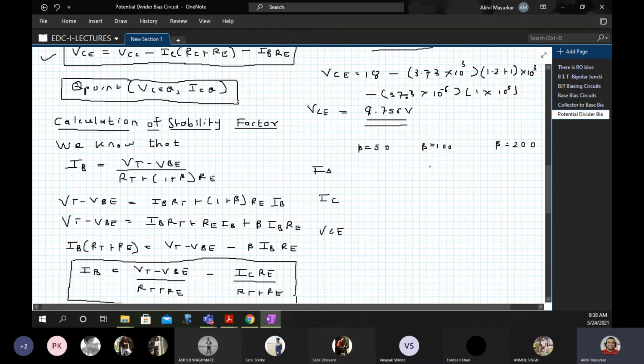So I am just putting down the answers here. Here this was 37.3 micro, 3.73 milliamperes, and VCE is 9.756 volts. So please calculate and tell me the values for beta equal to 50 and beta equal to 200.